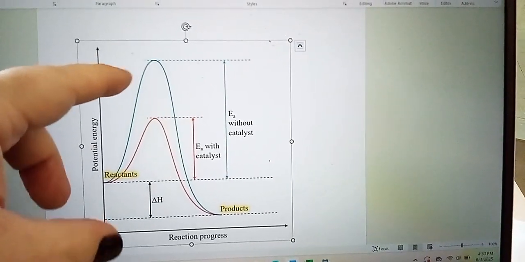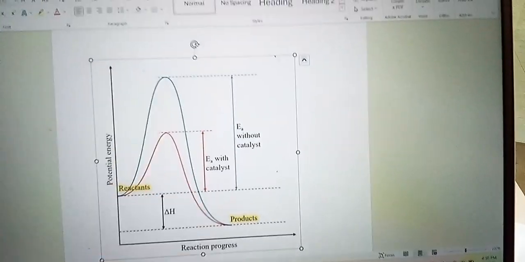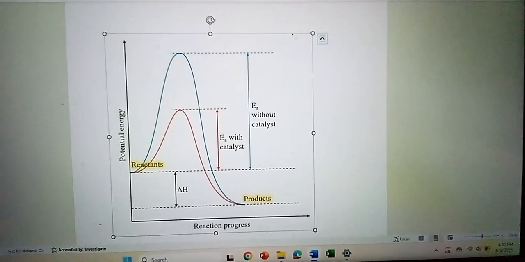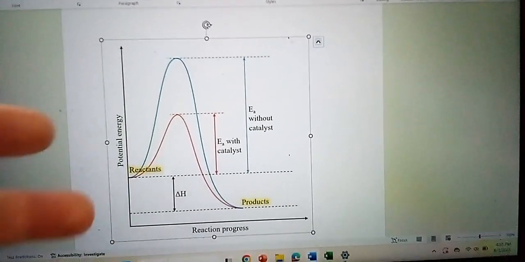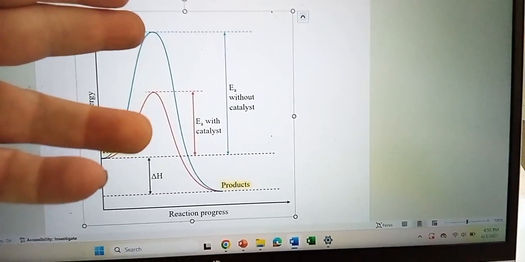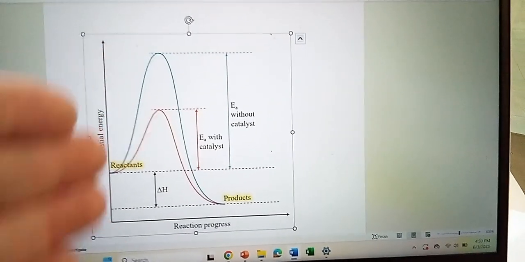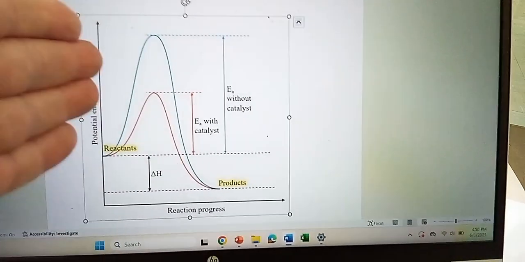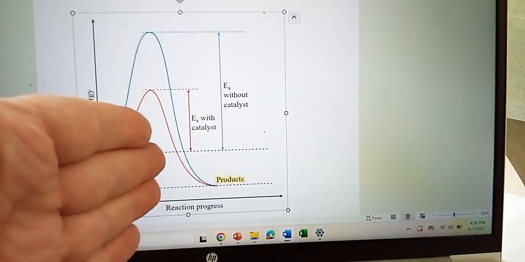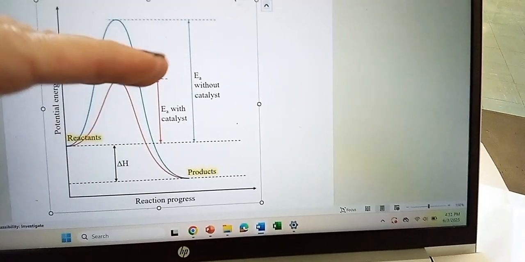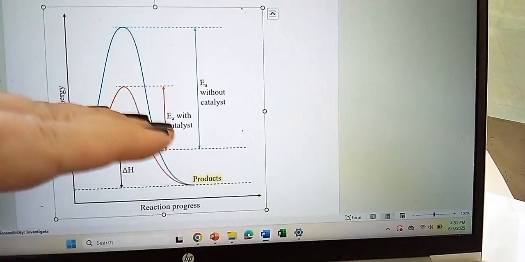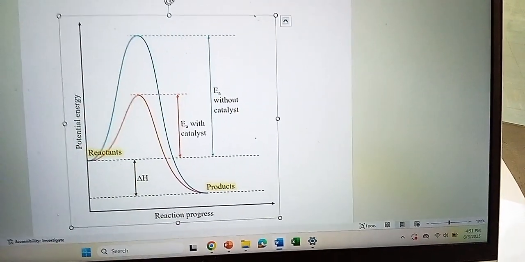So when a reaction happens, you need to add some energy for that reaction to happen. And sometimes, for example, if you want to decompose hydrogen peroxide, you can add heat, but that will require a lot of energy, or maybe you want the reaction to happen faster, so you can use a catalyst. That way the reaction happens faster, and also the energy that you need to add for the reaction to happen is less.